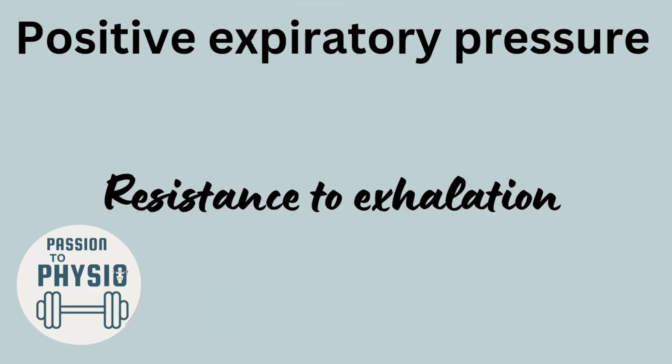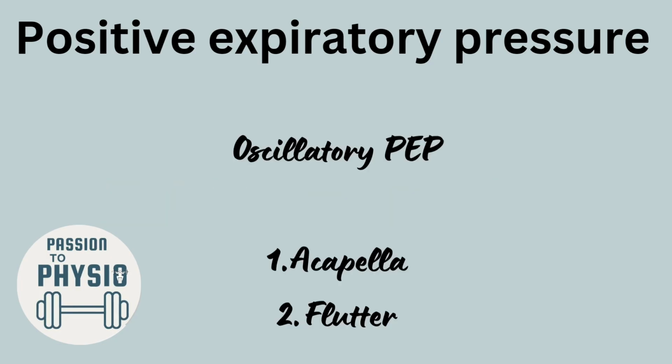Then our next management is positive expiratory pressure. Positive expiratory pressure devices provide a resistance to exhalation. This pressure during exhalation splints open the airways and facilitates mobility of mucus through open airways. Some PEP devices that are sold provide only PEP.